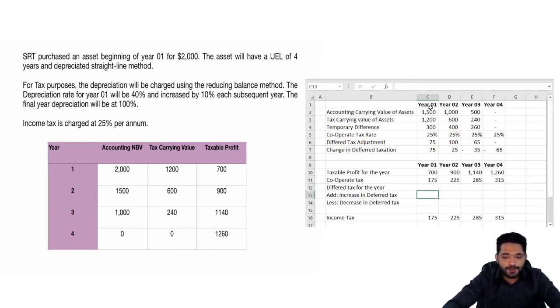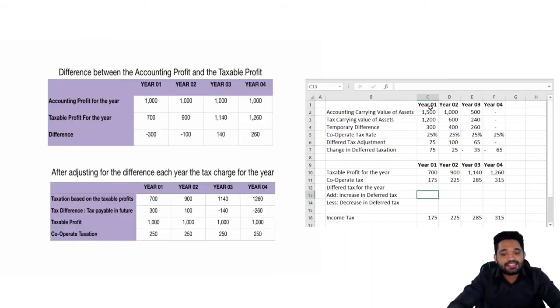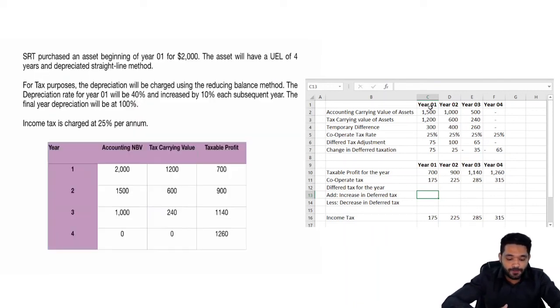Now, if your deferred tax is increasing, that basically means that your taxable profits were lower, so your tax is computed less. So to adjust for that, we need to add the deferred taxation. So I would add the deferred taxation, the change of 75 if it increases. Second year also it's increasing by 25, so I would add the value.